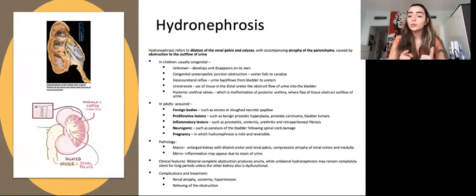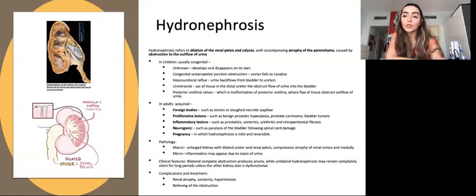This obstruction to the renal papillae, calyces, or pelvis puts pressure on the wall and leads to their dilation. If the dilation is just in the ureter, it's called hydroureter. But if it goes upwards to the kidney, it can cause hydronephrosis. It's usually unilateral.